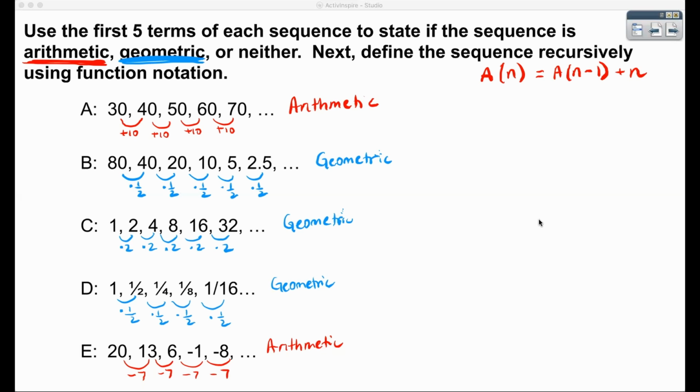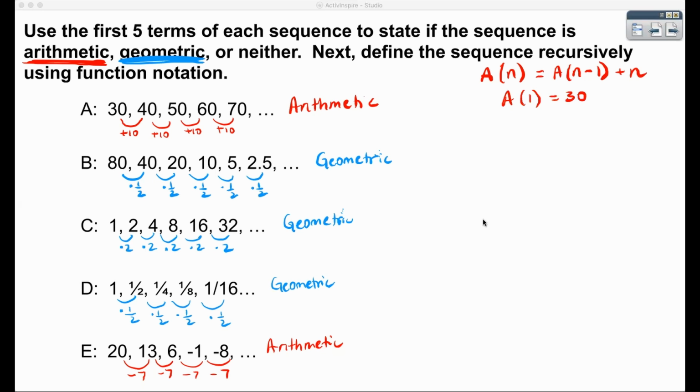Those are the two other very important pieces to help us write this definition. So in this case, our first value in our sequence, we would call this A of 1. Now here, what is A of 1? Well, A of 1 is our first term in our sequence. So that's going to be 30. Okay, that's going to help us with determining what to write in the rest of our equation, if you will.